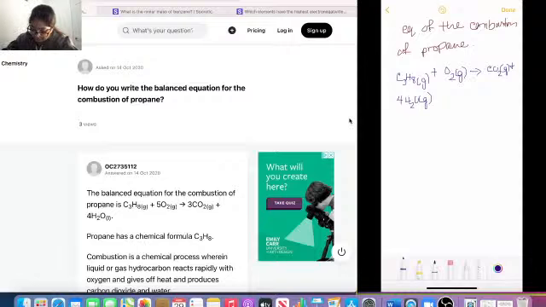We have 3 carbons in our reactants, and we only have 1 carbon here, so let's just put 3. Okay, and so that means we have 4 oxygens from your water, and you have 6 oxygens from your carbon dioxide, and we only have 2 oxygens on our reactants, and that means we need 5 to make it 10, right? We have 10 oxygens on our reactants and 10 oxygens on our products, and so this is balanced.